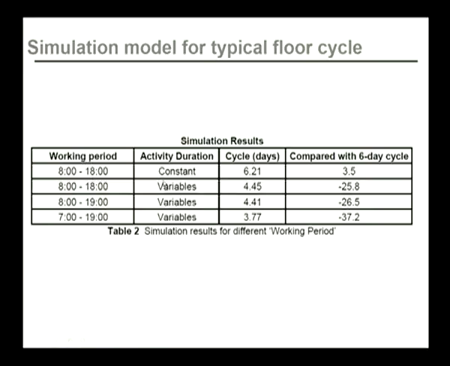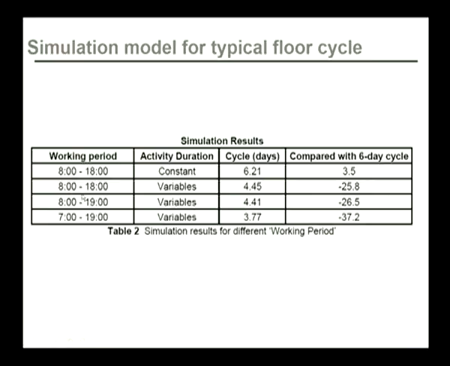That means it will take only this much time for an activity to be completed, no less and no more. If we do this, it will take 6.21 days to complete this activity. So if we compare it with a 6-day cycle, it will take 3.5 days to complete this particular activity.